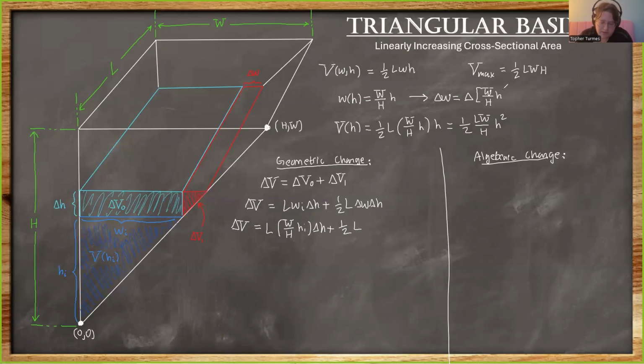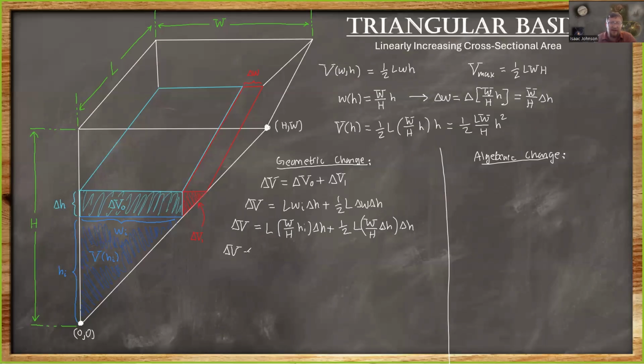So yeah, max width over max height times delta H. Just like we learned before with the change operator, we can pull out constants. So we could say that delta W is equal to width over height times delta H. So we've done those substitutions.